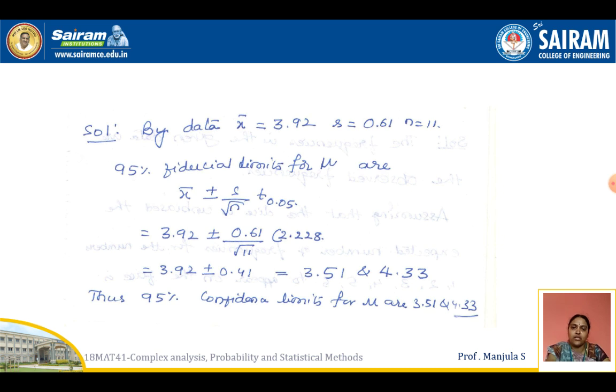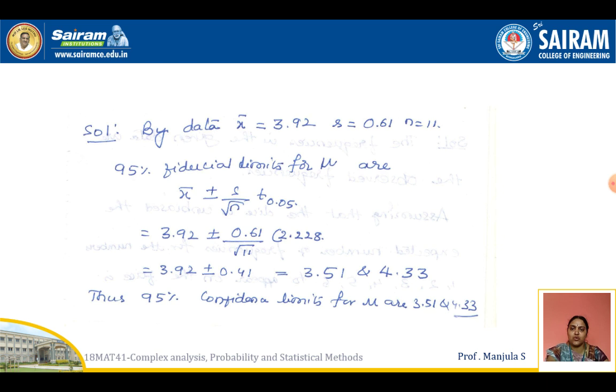So clearly they mentioned that 95% fiducial points for mu, the formula will be like this: x bar plus or minus S divided by square root of n, T 0.05. So already they given the values of x bar, S, n and T 0.05. All these values they given in the question.